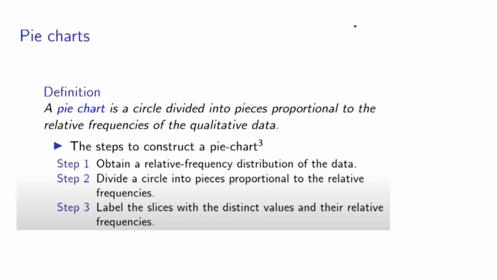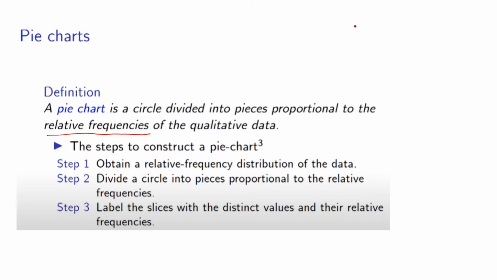Let's see the pie chart first. A pie chart is a circle divided into pieces proportional to the relative frequency of the qualitative data.